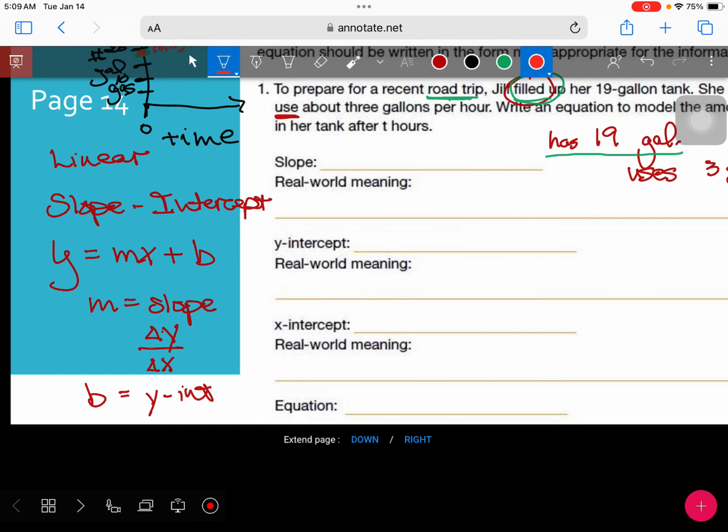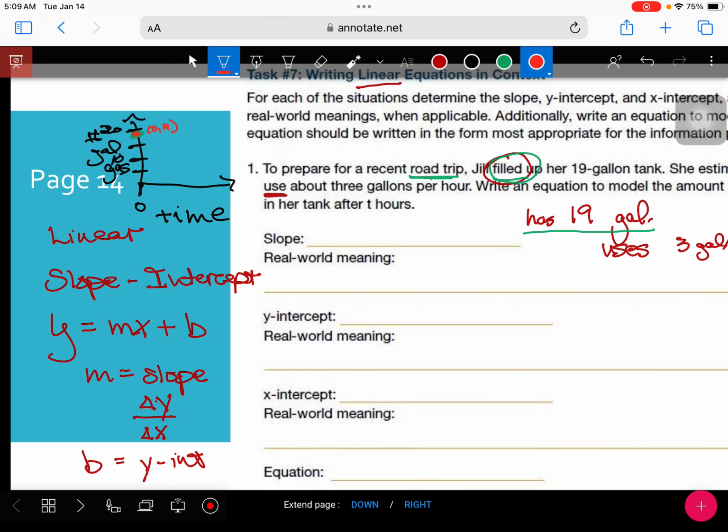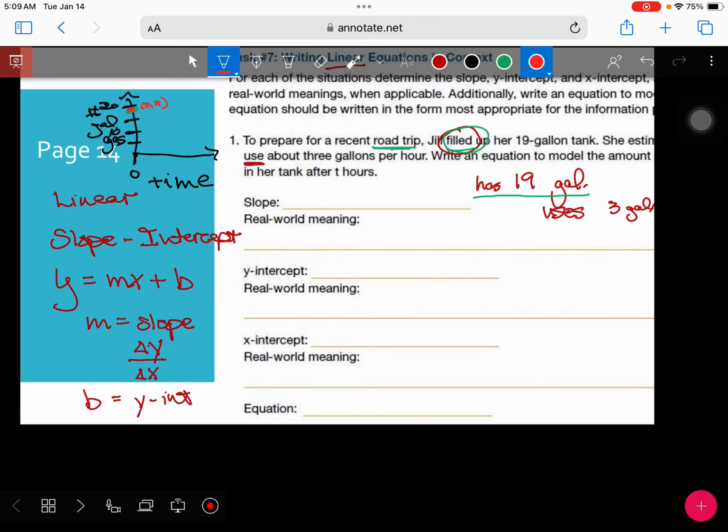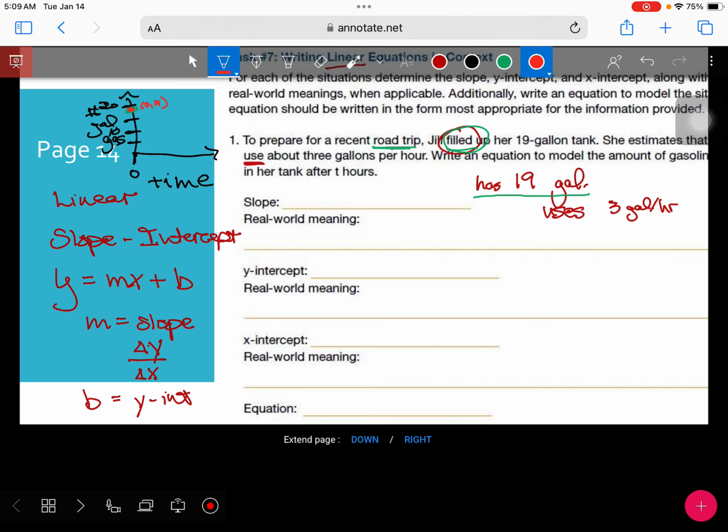(0, 19). That is the y-intercept because that point is on the y-axis. When we make a graph, which maybe we will end up doing, it's on the y-axis, so it's the y-intercept. So the y-intercept here is 19, or you can say (0, 19).